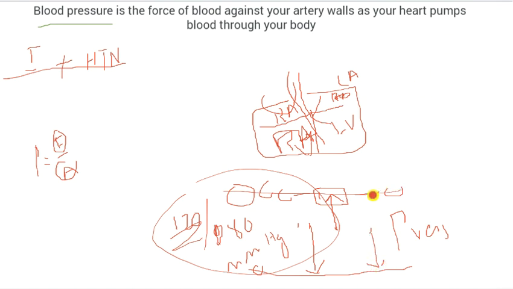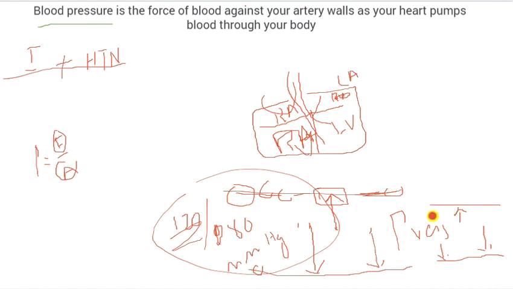The smooth muscle of the arterial wall contracts and constricts. So the force is very high, and the pressure is also very high in hypertension.